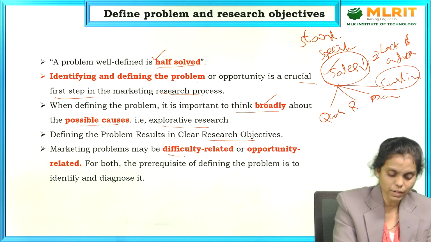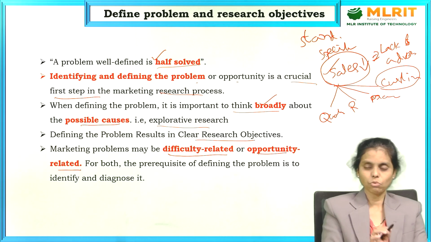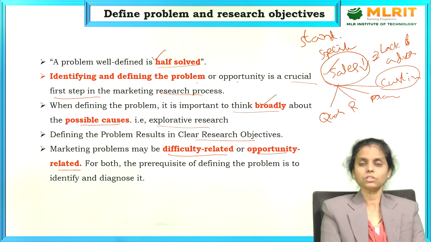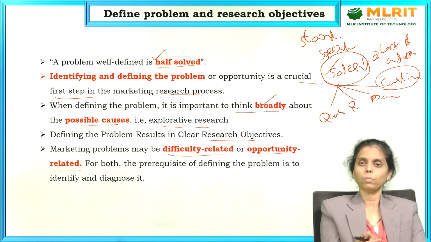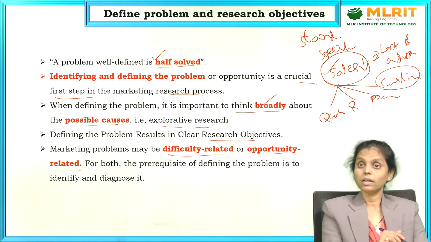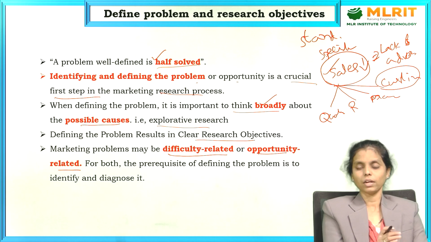A marketing problem may be difficulty related or opportunity related. So whenever we are conducting any marketing research, two types of things arise. Yes, we may find the reason or solution to a problem that already exists, or else in the process of research, we will identify opportunities for our organization to expand.